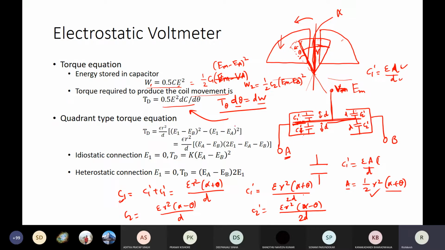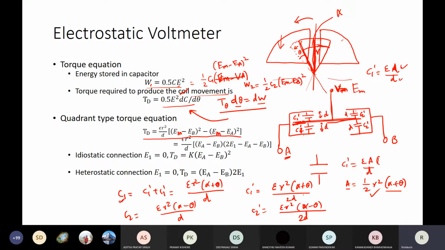So if you calculate the torque, it will come out as this, from the basic torque equation. In this I have used E1, okay, it is EM. So if you evaluate this, one can easily obtain the expression for the torque, which is used to produce the disk movement by an angle of theta.